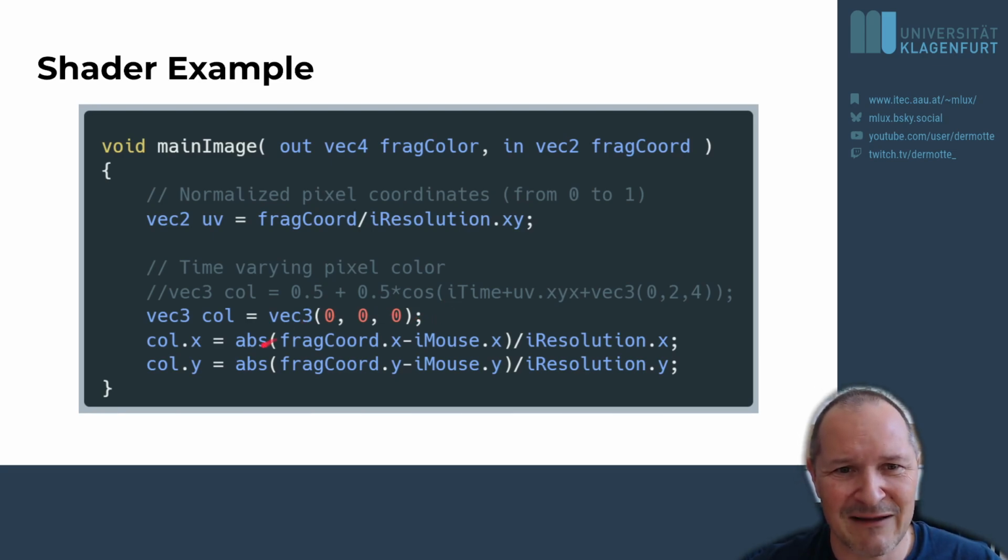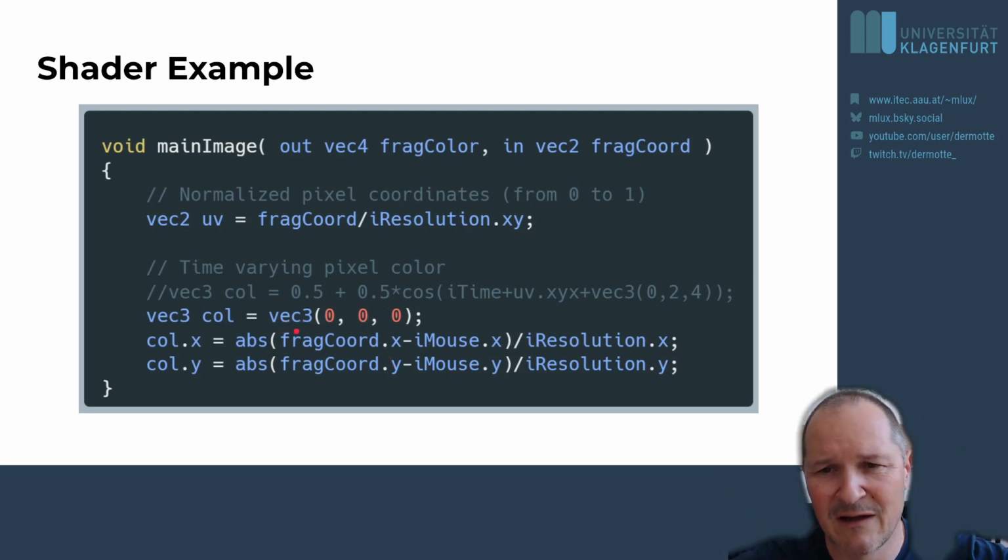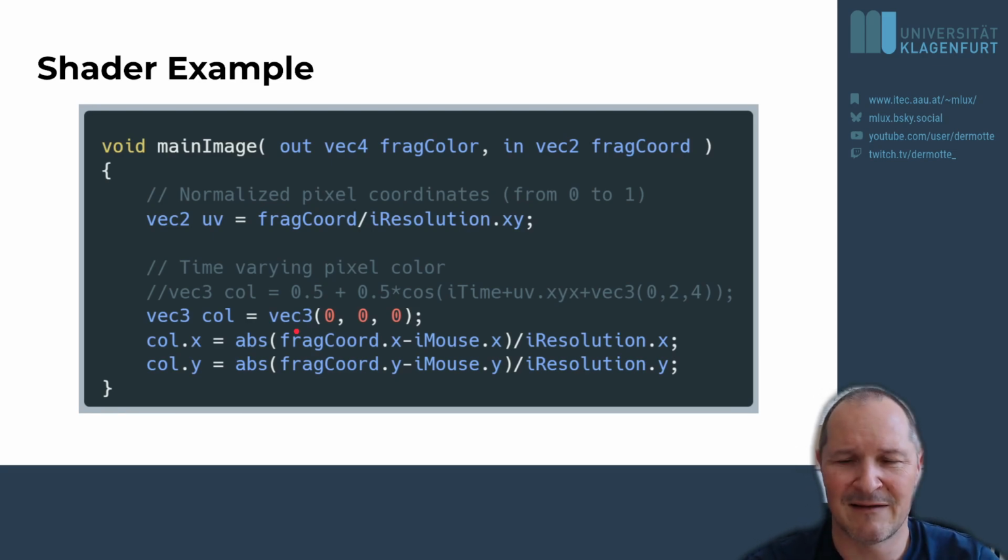So what we have is frag color. And we change it based on the absolute value of the coordinate minus the mouse coordinate divided by the resolution. Because of course the resolution would be whatever, 1280 by 720, and we need the color between 0 and 1.